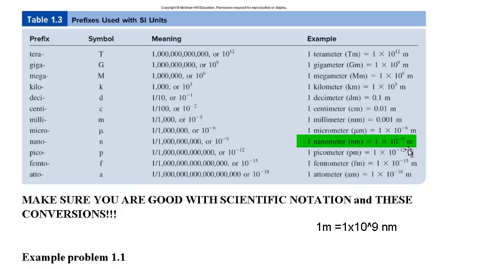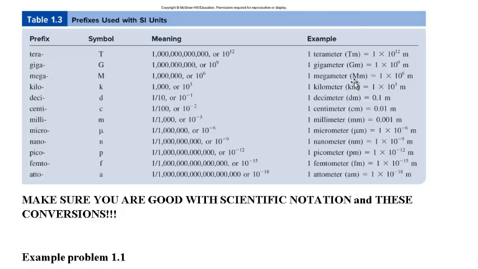But if I were to ask you 1 meter is how many nanometers, you should recognize, remember your meter ruler, 1 meter is 1 times 10 to the 9 nanometers. 1 liter is 1 times 10 to the 9 nanoliters. So you want to be able to get comfortable going back and forth from, let's say, a terameter to a meter, or a terabyte to a byte.